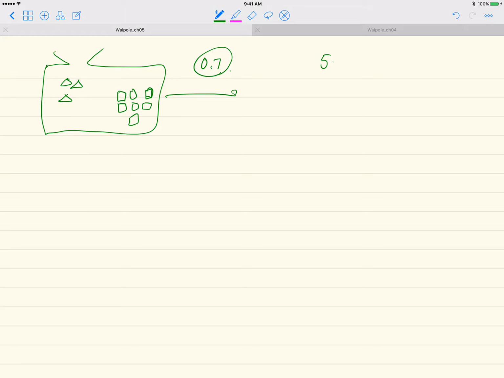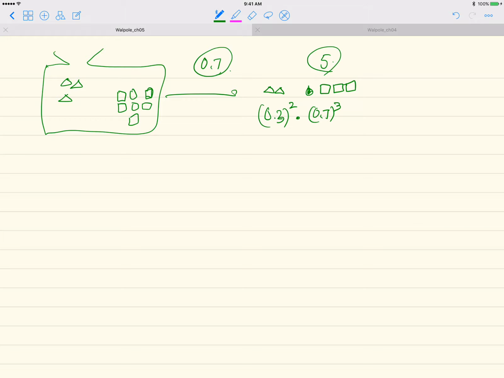For example, out of the 5 balls that we pick up, what is the probability of picking 2 triangles and 3 rectangles? It will be 0.7 to the power of 3, and 0.3 to the power of 2, right?